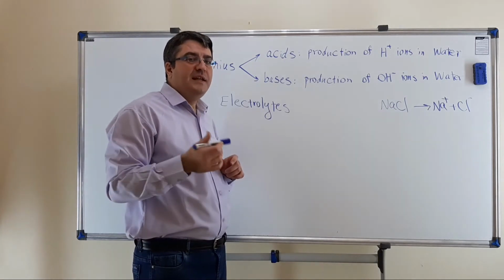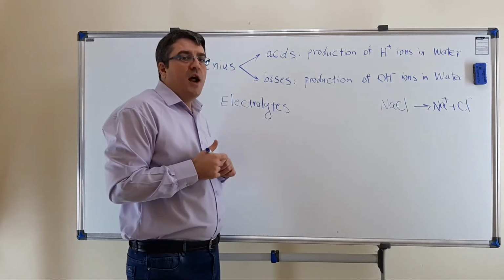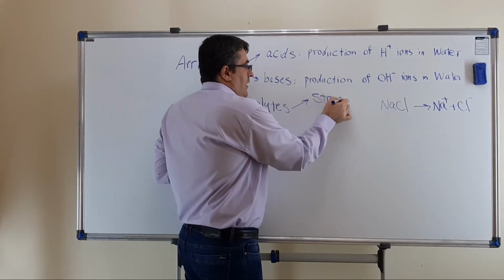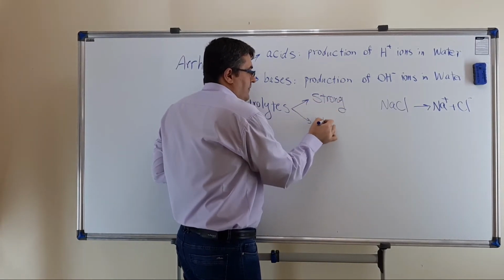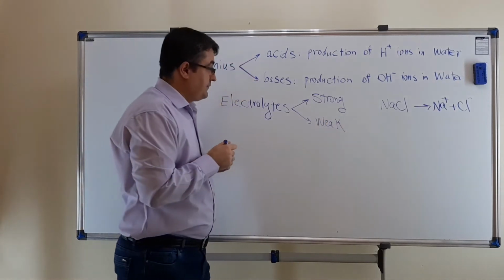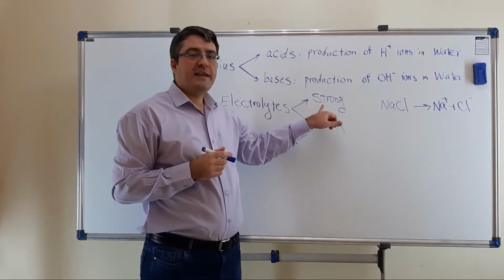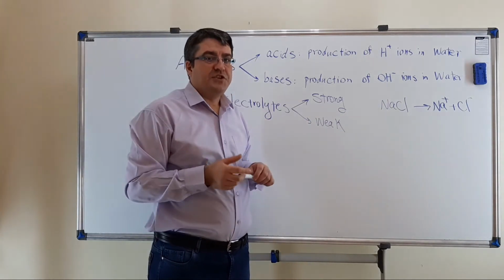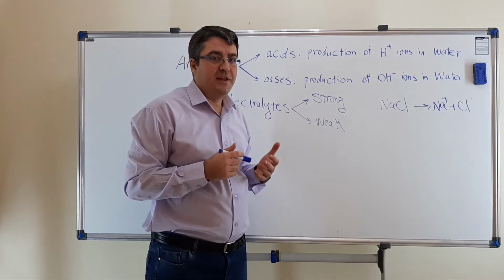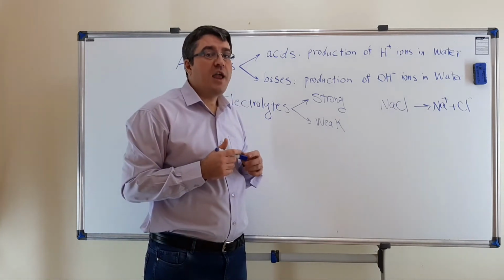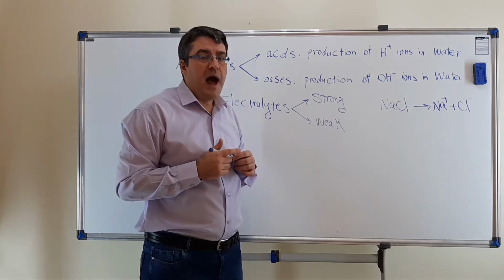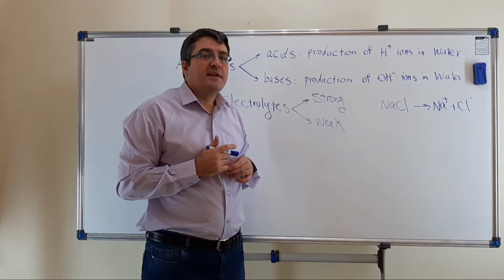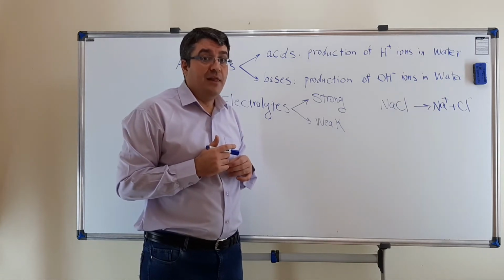In the context of electrolytes, they are classified into strong and weak ones. In the case of strong electrolytes, the ionic dissociation is complete or near complete. Concentrations of ions are high, and the molten or dissolved form can conduct the electric current well.